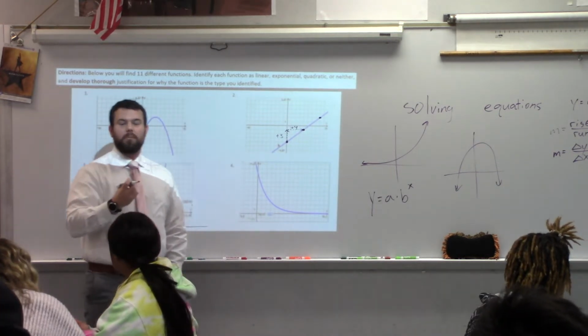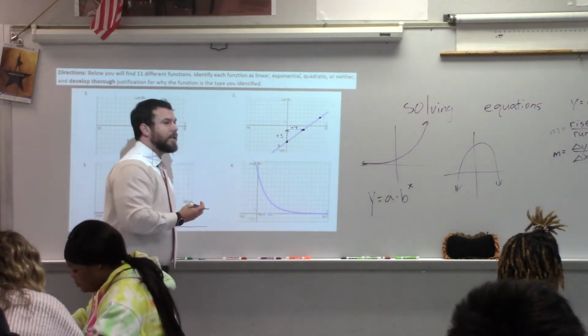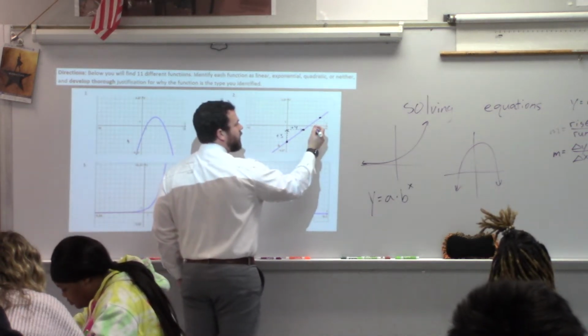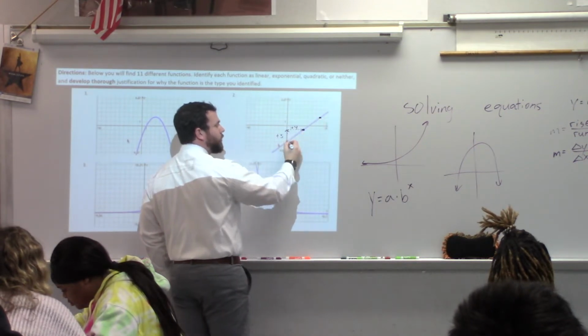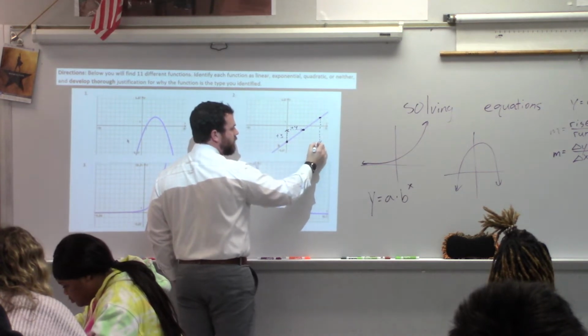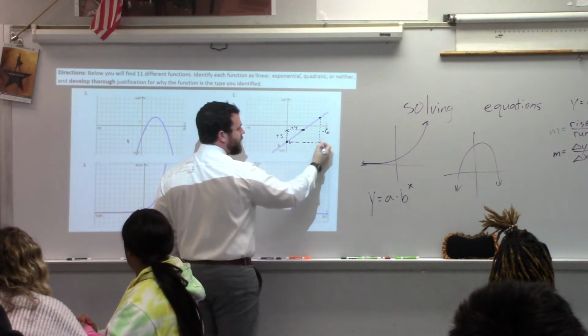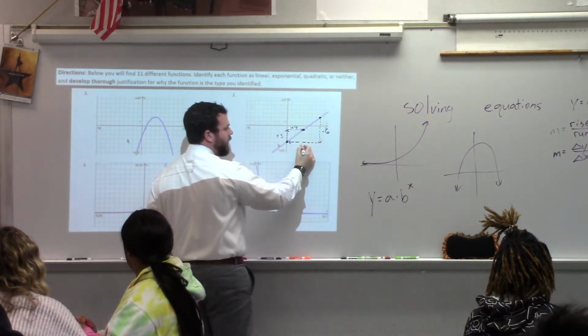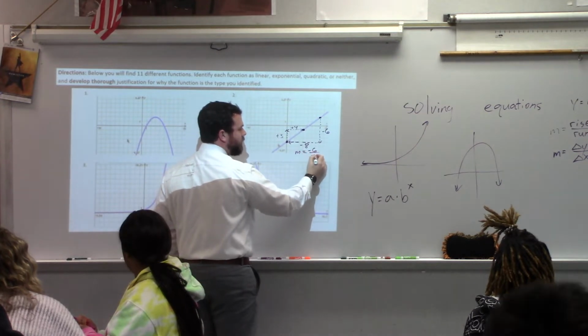We'll get into more of this later, but there are words that we want to use to describe this. I would not go left and then down, because you always want rise and then run. Now, you could have done something like this and talked about the slope this way: down 6 and to the left 8. Notice it does not matter.